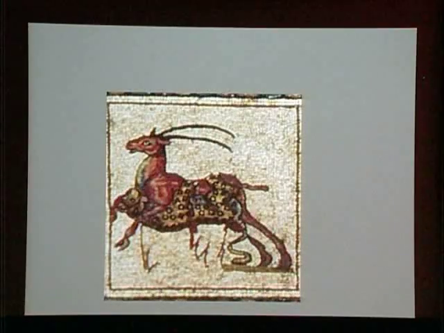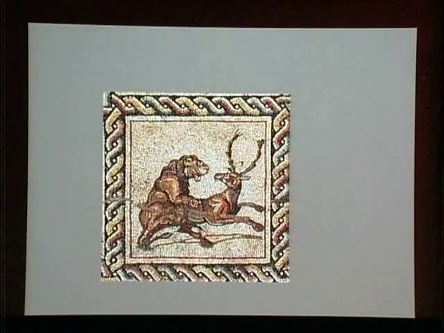Within two of the four squares abutting the central octagon, we have hunting scenes of the type we already met in the northern panel. In the eastern square, we have a leopard hunting a deer and a lion hunting a stag.